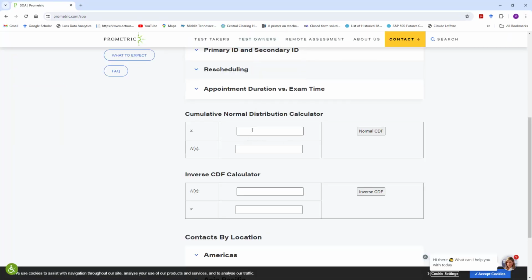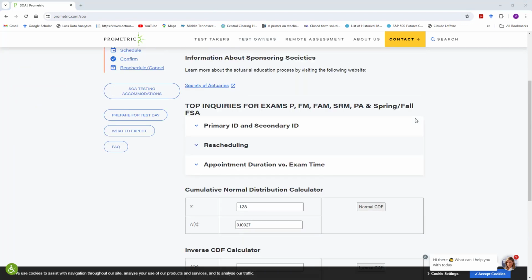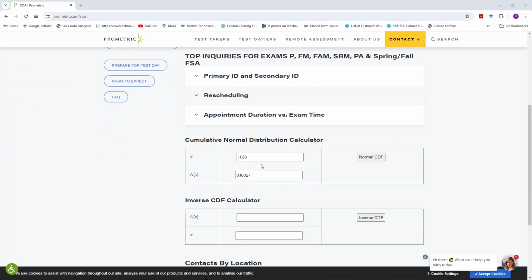I want to find the probability Z more than negative 1.28. If I calculate the probability Z less than negative 1.28, I get around 0.1.